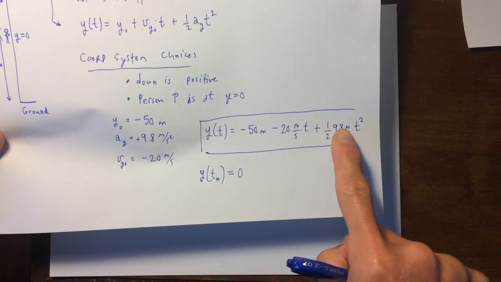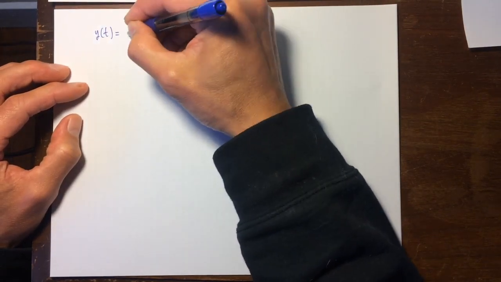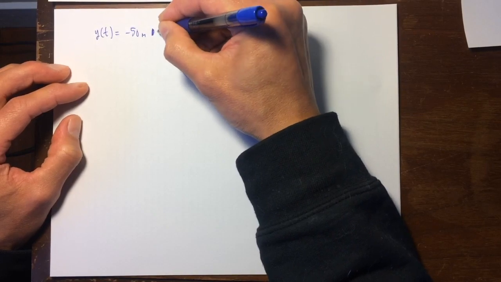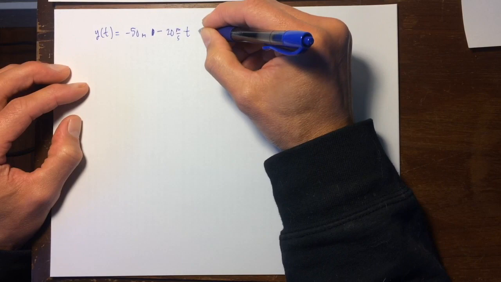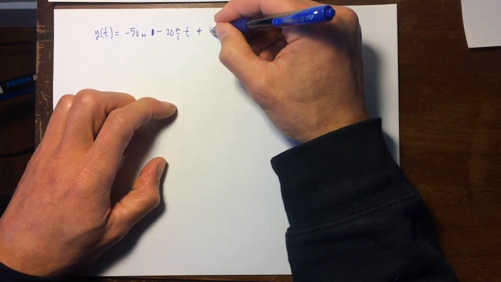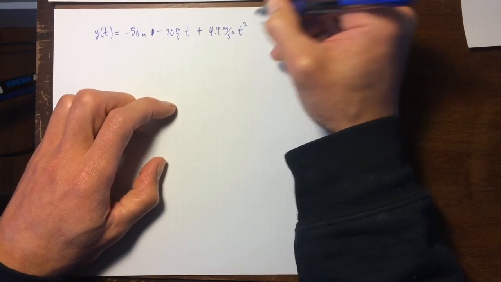So I'm just going to copy this. Y of t is negative 50 meters, not plus, but minus 20 meters per second t, and then plus, so 9.8 over 2 is 4.9, so I'll evaluate that as 4.9.